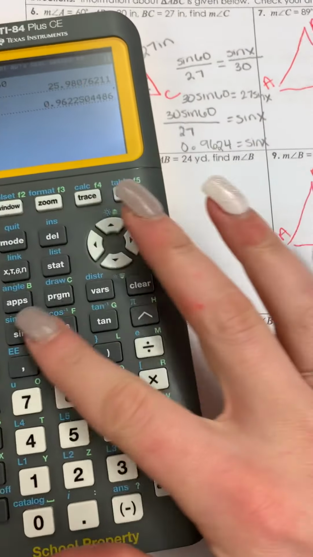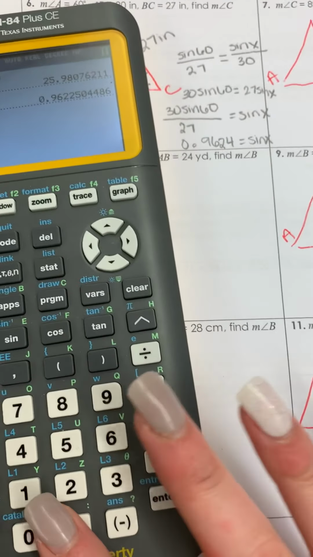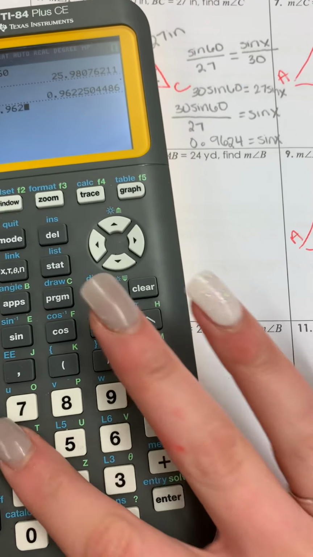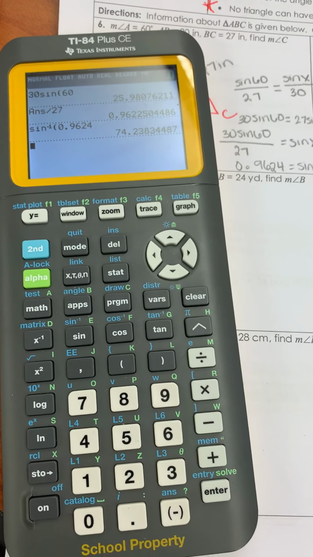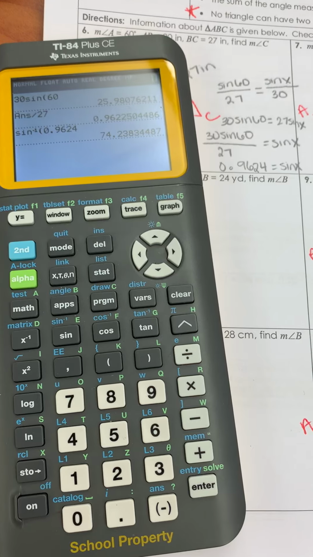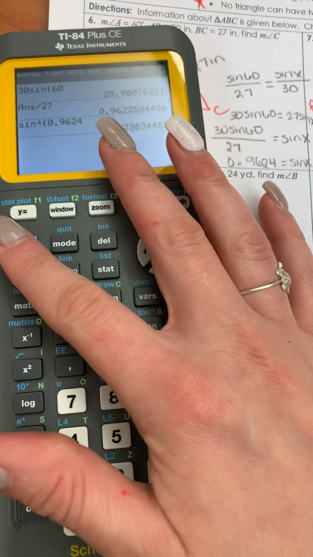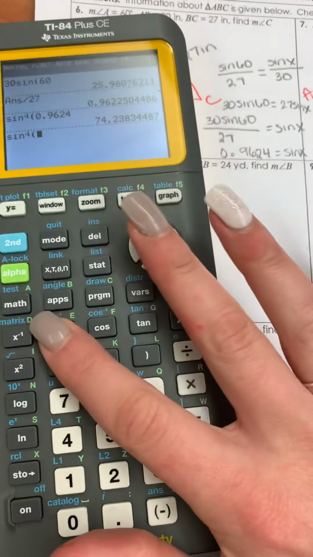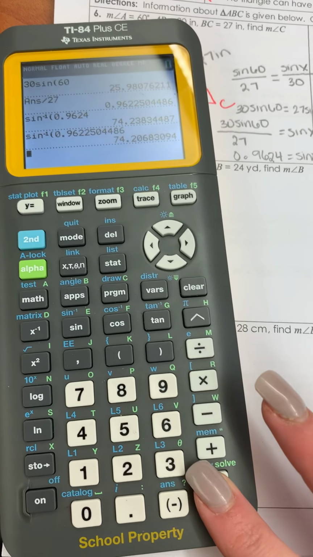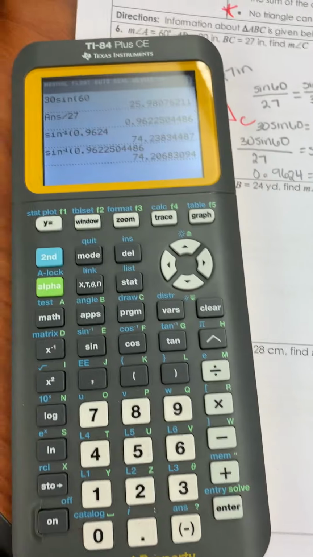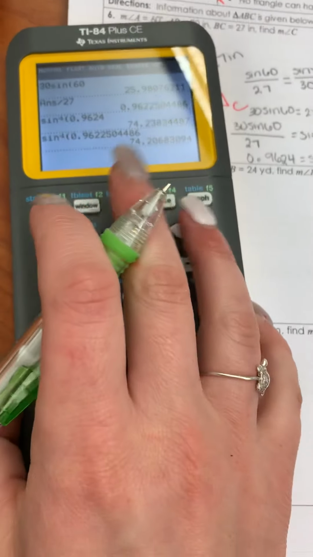And we'll do the inverse sine of 0.9624, and I'm going to get 74.2. If you're a little off, I don't know if y'all know this trick, but I could have also scrolled up to this and pressed enter, and it will do it in there. But if you're a little off, it's okay.